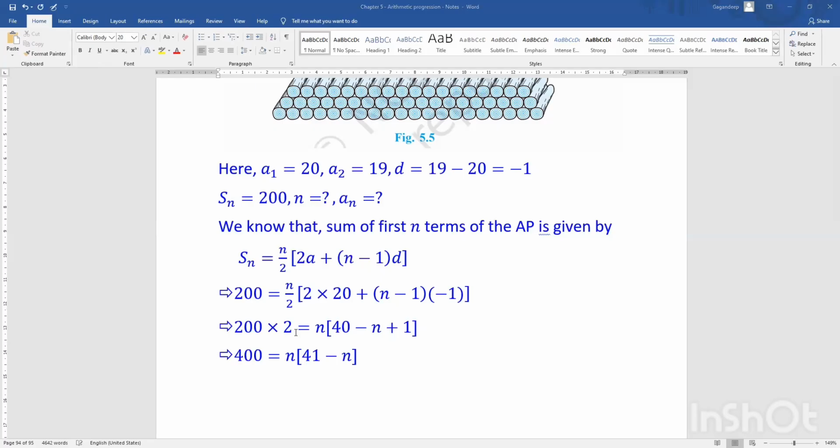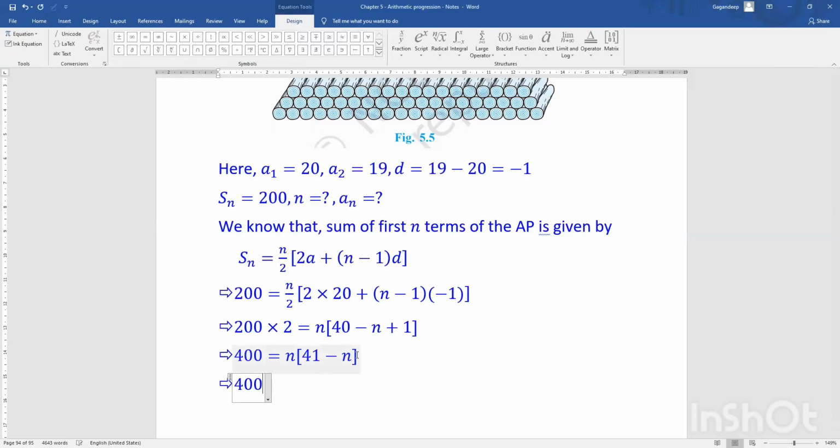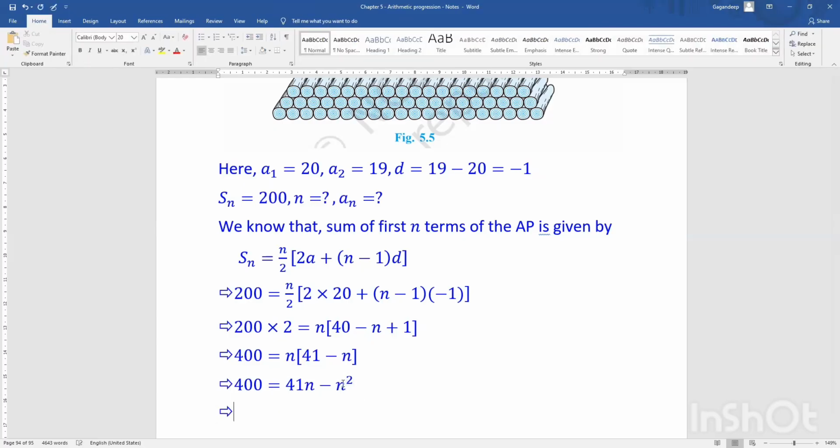Or this is nothing but 400 equals 41n minus n square. So n square and 41n, you just transpose to the left hand side.